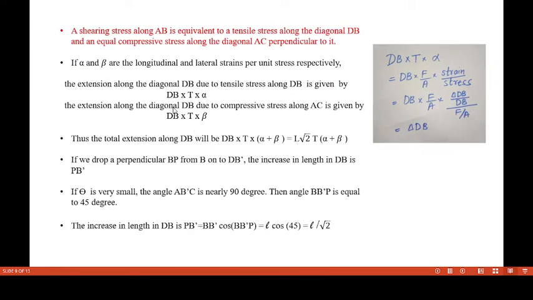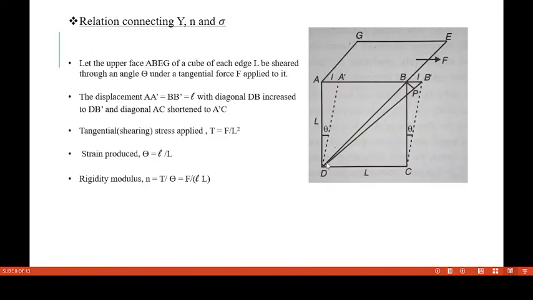Now, an important point to note is a shearing stress along AB is equivalent to a tensile stress along the diagonal DB and an equal compressive stress along the diagonal AC perpendicular to it. See, we have applied the tangential force along this direction. Now we are saying that this shearing stress caused by this force along the tangential direction along AB is equivalent to a tensile stress along DB.